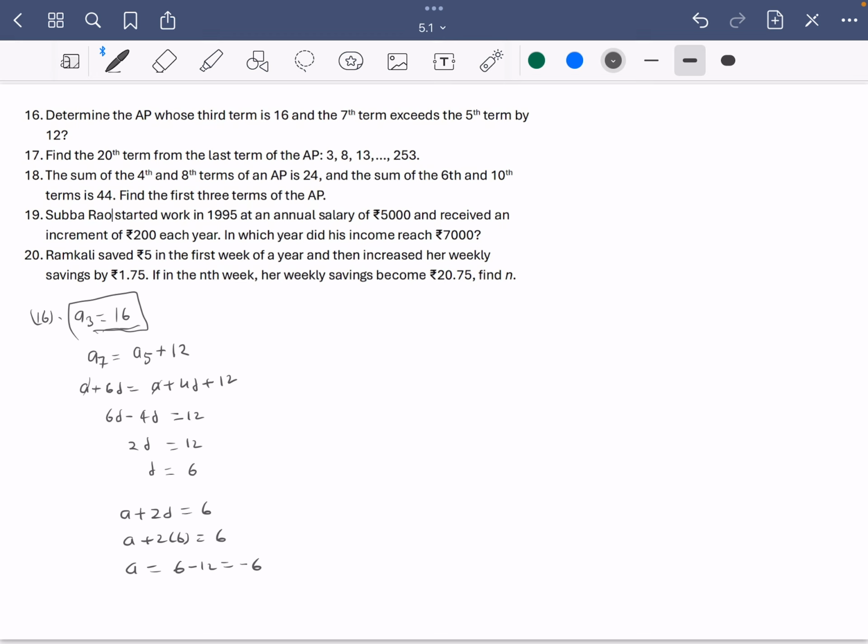So determine the AP. The AP is going to be the first term 6, plus the common difference 6, 0, plus 6, 6, plus 6, 12, and so on.